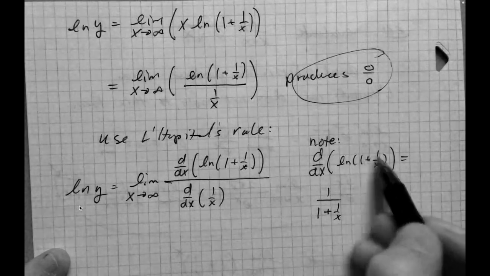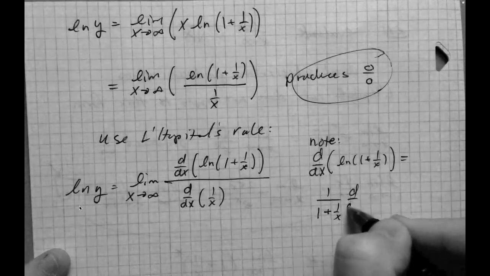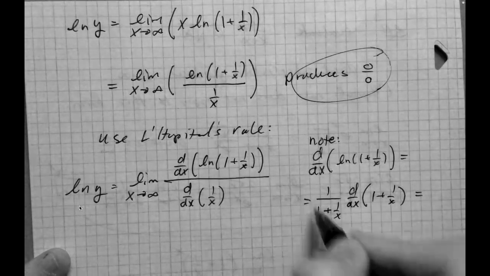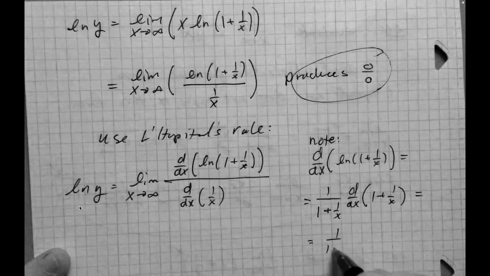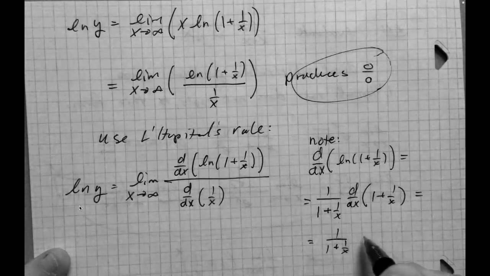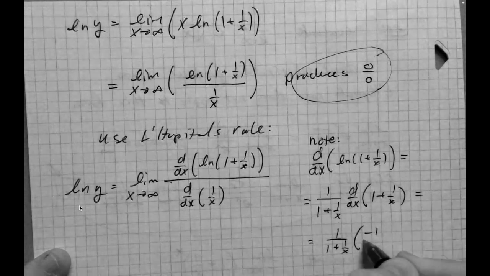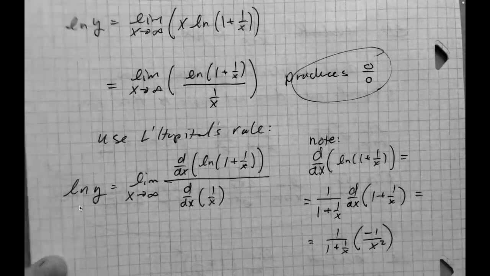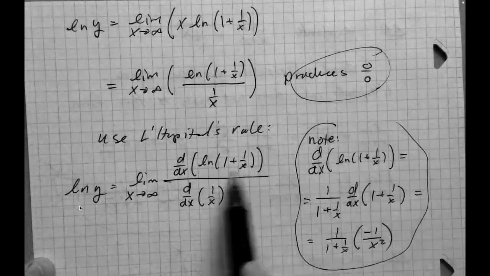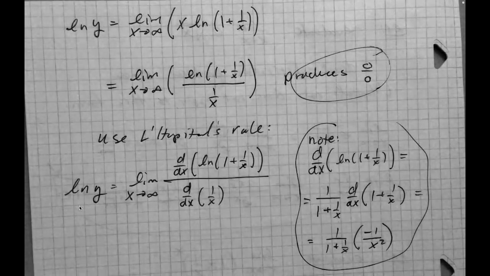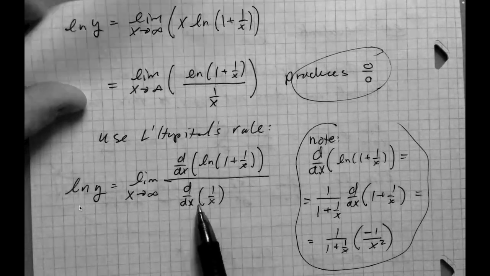And then the derivative of that inside part has to be multiplied by that, right? Like so. So you have 1 over 1 plus 1 over x times this derivative, which is negative 1 over x squared. Okay, so that's what this numerator is equal to. All right, and then obviously this one is straightforward to grab.